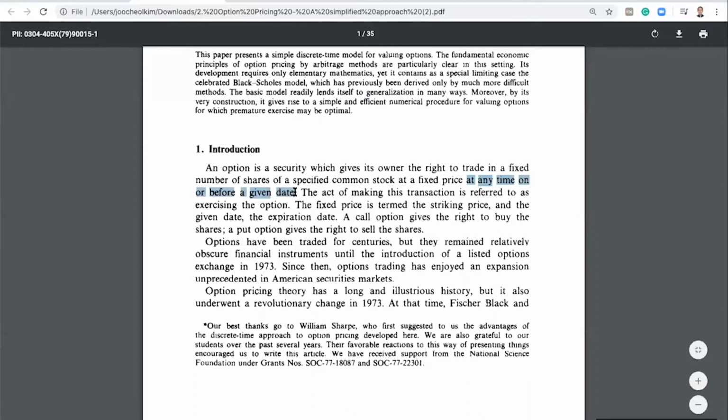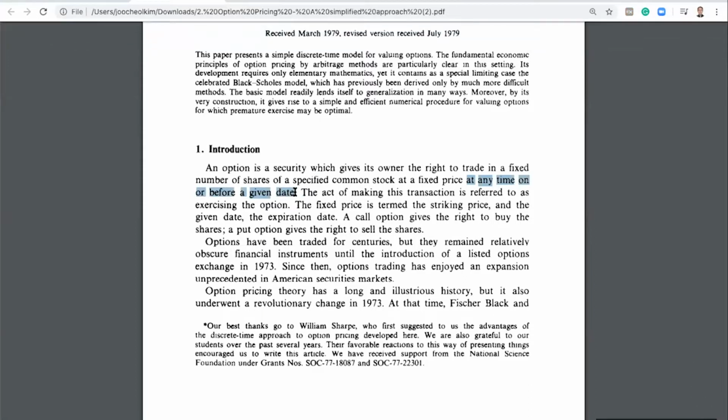If they just wanted to talk about the European option, then they might say at a fixed price on a given date. But they also wanted to talk about the American option. So instead of saying on a given date, they use the words at any time on or before a given date.